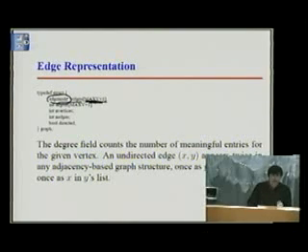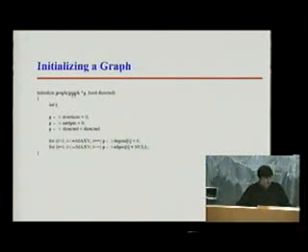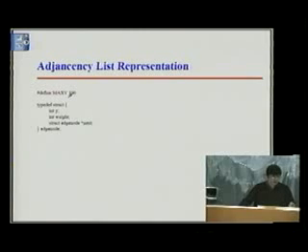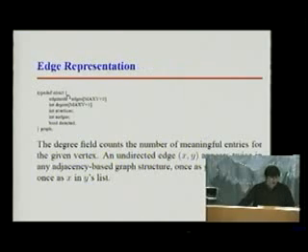Max V is the largest number of vertices that I might have. In this case, from my previous example, I said max V was 100. I'm saying I can't have more than 100 vertices. Think about what this means.